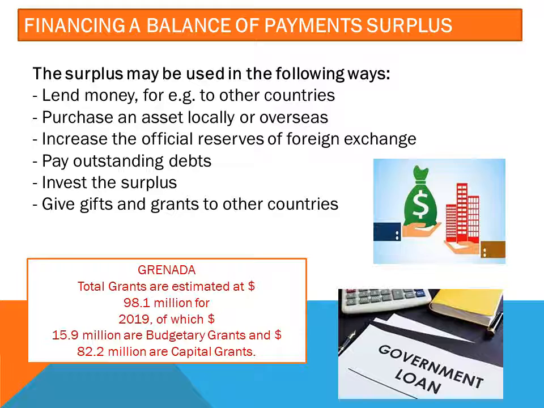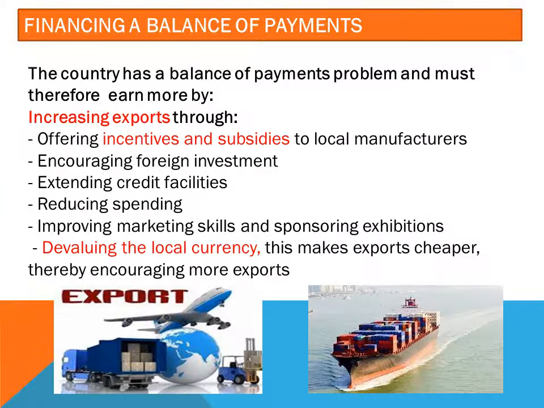They may have surpluses for certain periods, so it's really about managing your reserves carefully, knowing when to sell certain assets, knowing how to invest, balancing the whole flow, and trying to get more opportunities for grants that could help with the issues that come up. Right. So Grenada had total grants of 98.1 million in 2019: 15.9 million budgetary grants and 82.2 million capital grants. So that's some of the things that we benefit from.